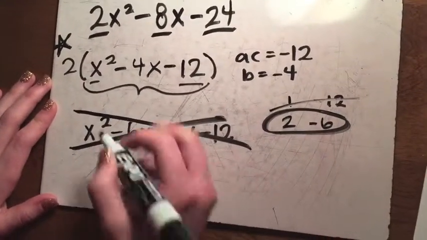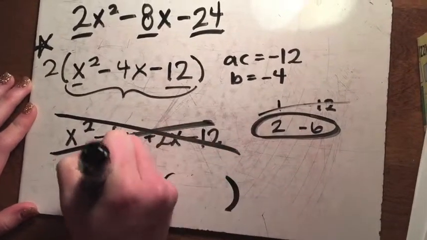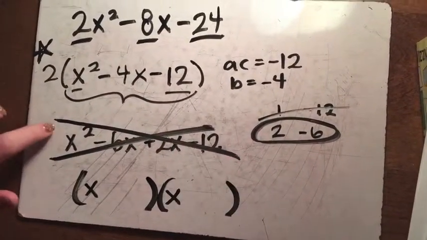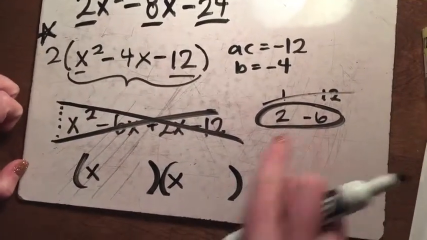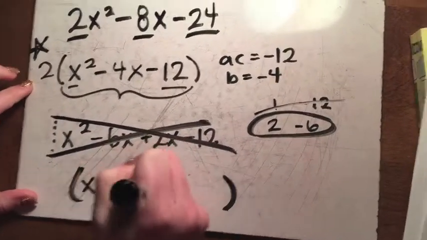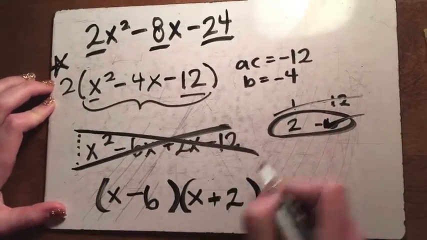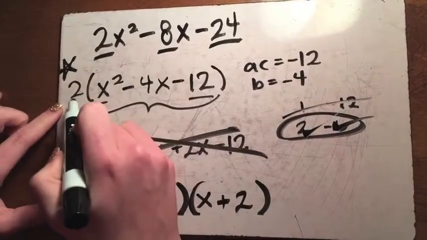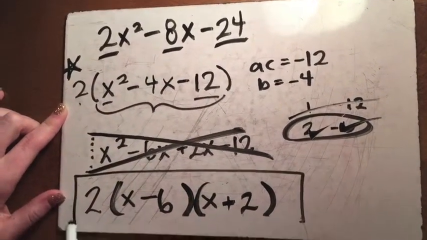Now I just write two binomials, and it's going to be x on each part, because this is only when A is equal to 1. Now I do x minus 6, because that's the first one, and then x plus 2 is the second one. Make sure that you write any GCFs on the outside, and that is your final answer.